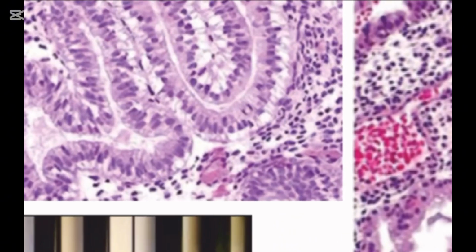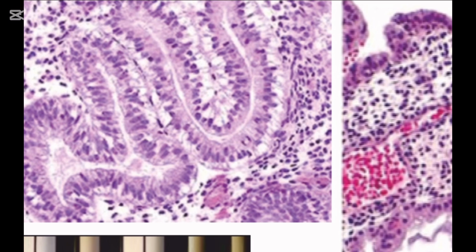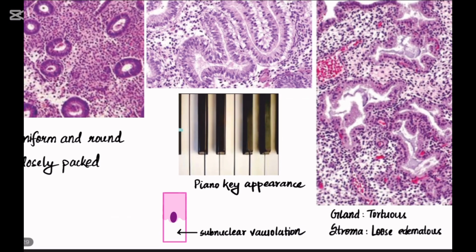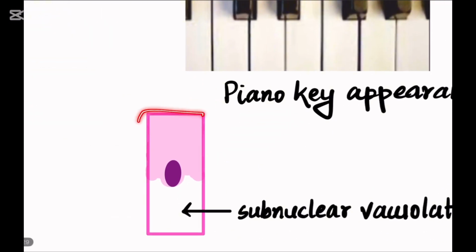And if you look at the epithelium of the gland, or the cells of the gland, you can see that just below the nucleus, there is subnuclear vacuolation. There's your cell, the cell lining the gland, the glandular cell.